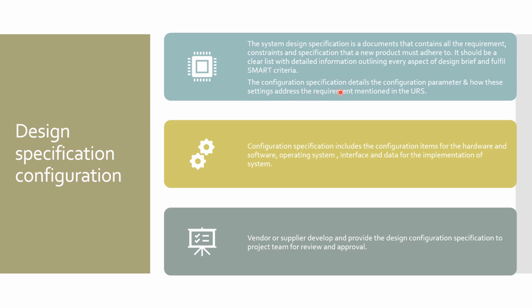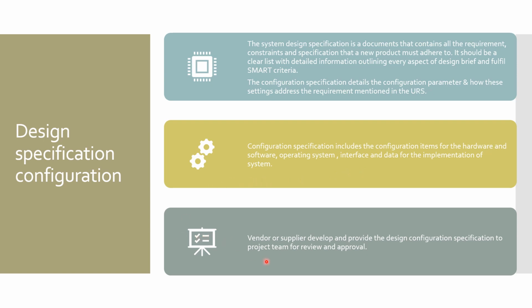The configuration specification details the configuration parameter and how these settings address the requirement mentioned in the URS. So the configuration of the product must be done as per the requirement which is mentioned in the URS. Next, configuration specification includes the configuration items for the hardware and software, operating system, interface and data for the implementation of the system.